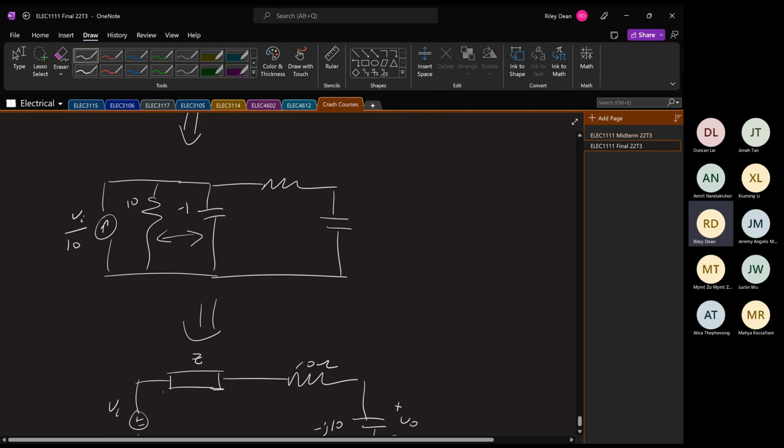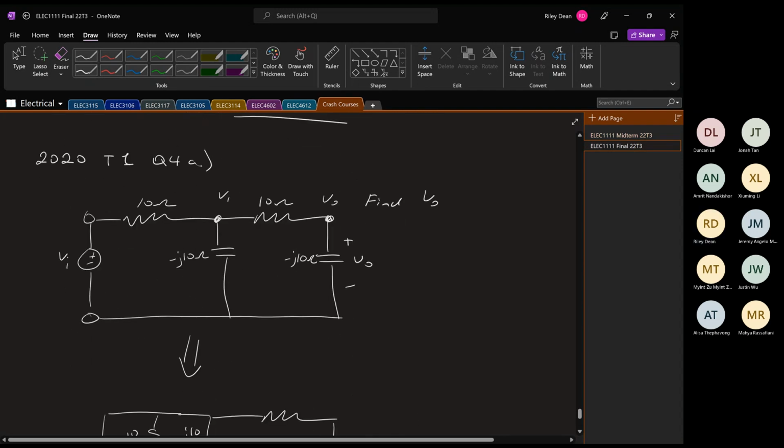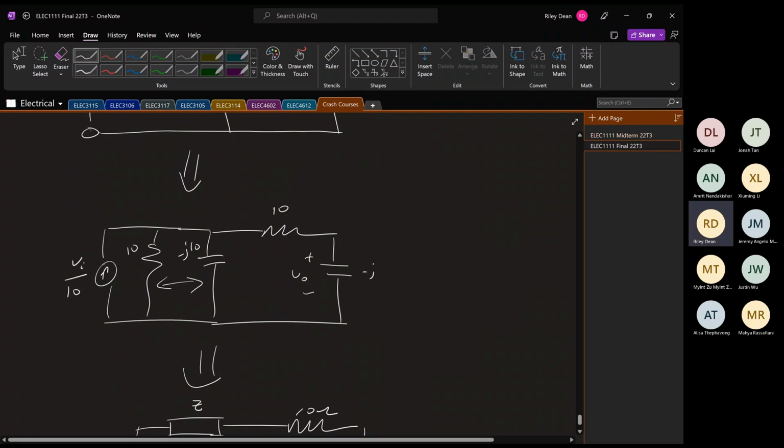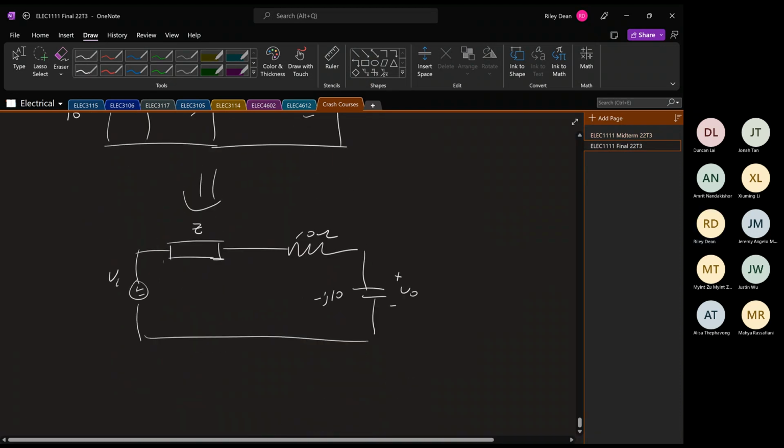Then we have a 10 and a negative J10, then plus minus V naught, negative J10. So that's our first source transformation.